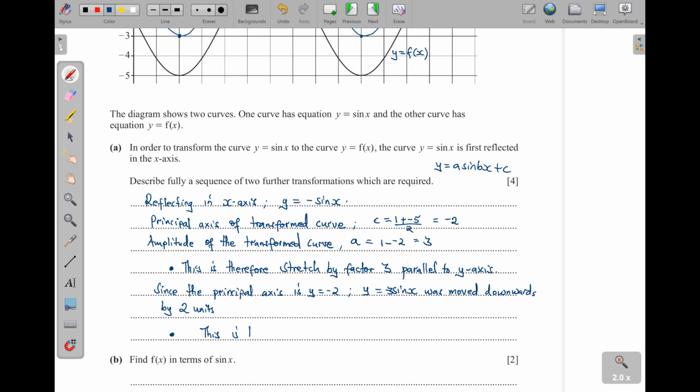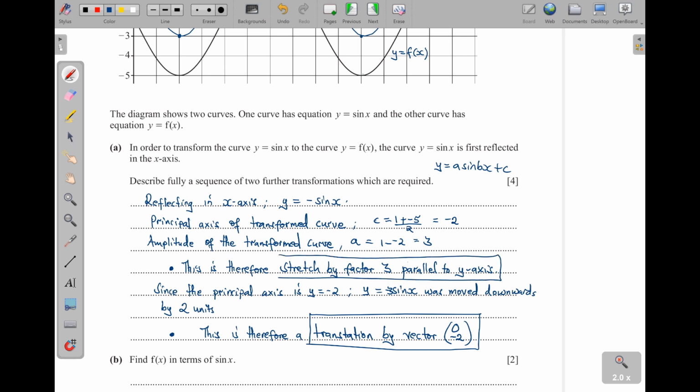This is therefore a translation by vector 0, negative 2. Translation by vector 0, negative 2, stretch by factor 3 parallel to y-axis. So those are the ones.